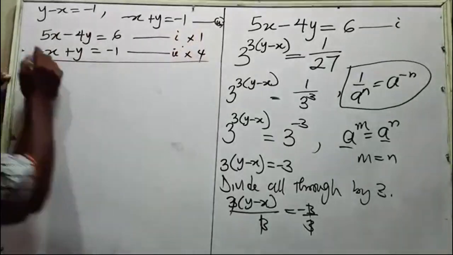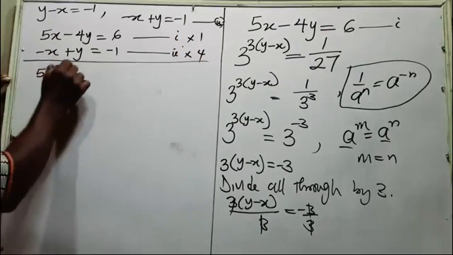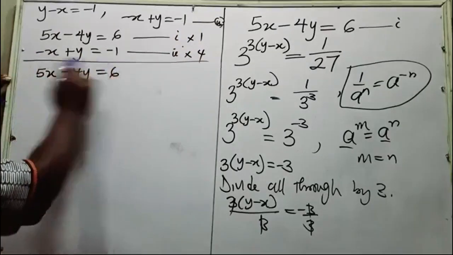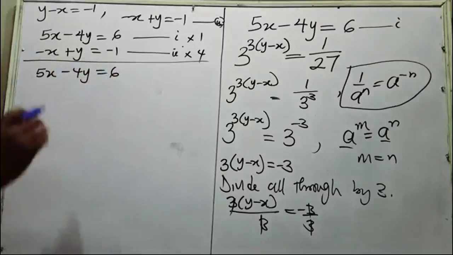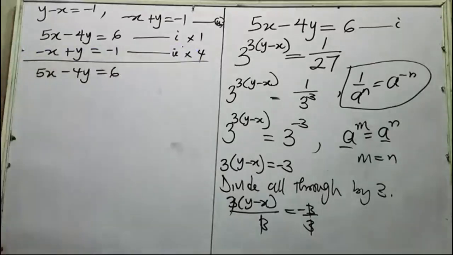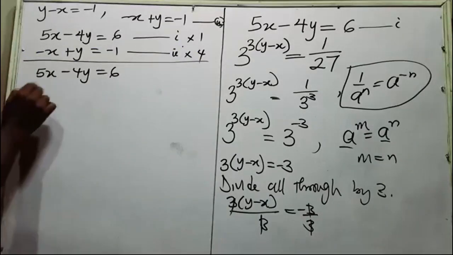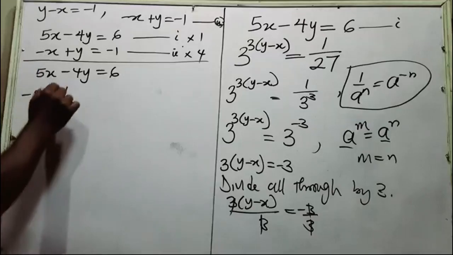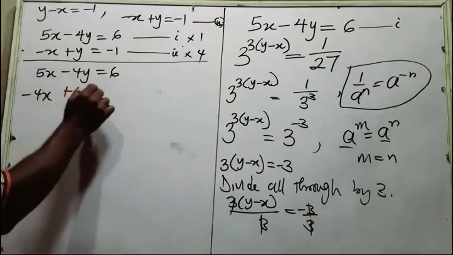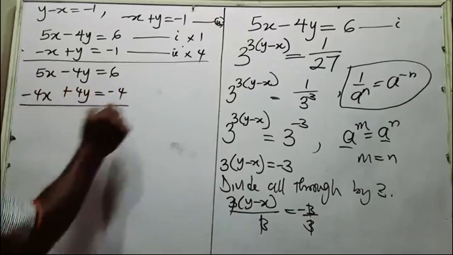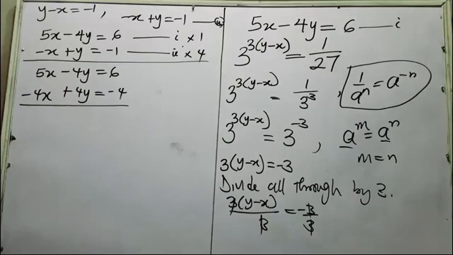So we have 5x minus 4y is equal to 6 when you multiply by 1. Let's multiply equation 2 by 4. We have minus 4x plus 4y is equal to minus 4. Now, it does not matter whether you subtract or add.